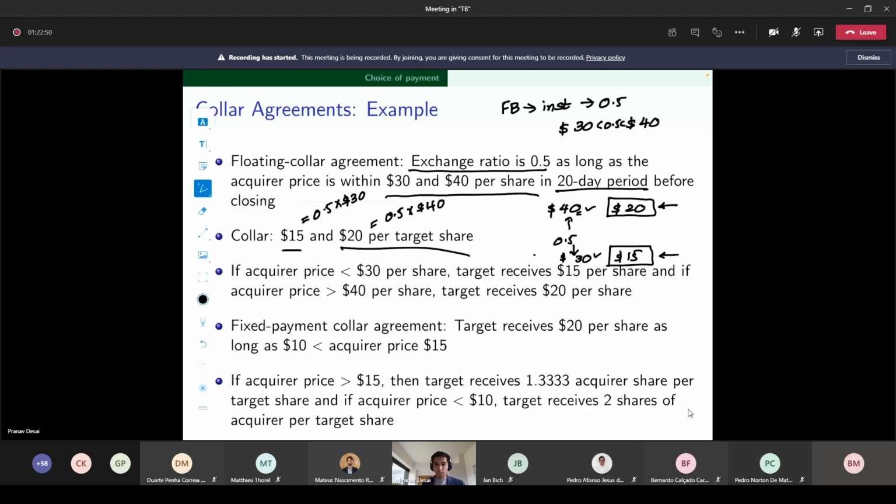Now, this protects Instagram, which is the target, at the lower threshold, because their payment is guaranteed at the lower threshold. From the perspective of Facebook, it is protected at the upper threshold because it's incurring risk. It's basically managing the risk at the upper threshold.